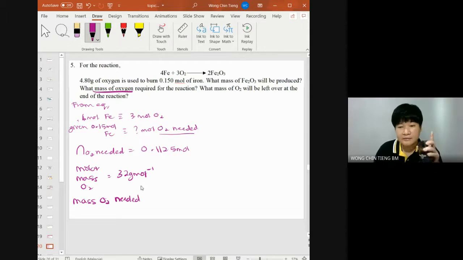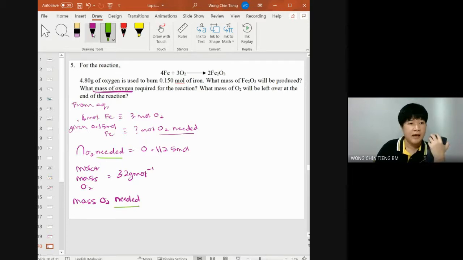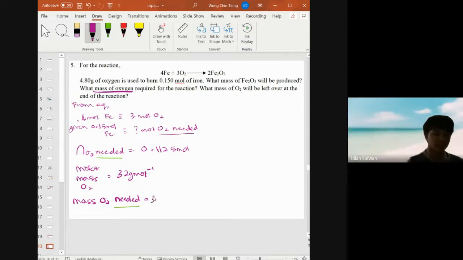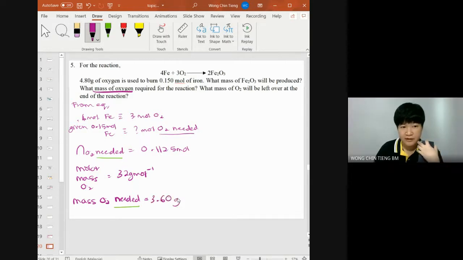In this calculation, you always need to mention the mole and the mass that you calculated or you are writing is the given or the needed. Yang ada atau yang diperlukan. Okay, so yang ni adalah daripada needed lah, of course, because I'm using the mole needed, therefore the mass also needed. And the mass needed over here, class? 3.6. 3.6 gram. Thank you, sayang. So that is the mass needed.